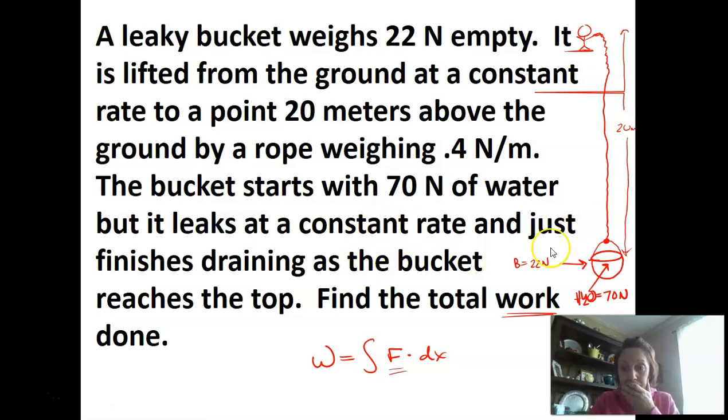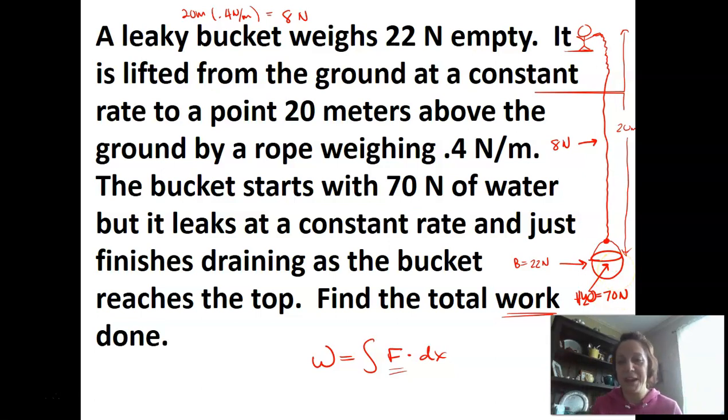So we said we had 92 newtons down here, but it's actually more than that, because right now there's 20 meters of rope, and that rope weighs 0.4 newtons per meter. So 20 meters of rope times 0.4 newtons per meter gives 8 newtons of rope hanging there. So in the very beginning, I've got 100 newtons of weight hanging there.